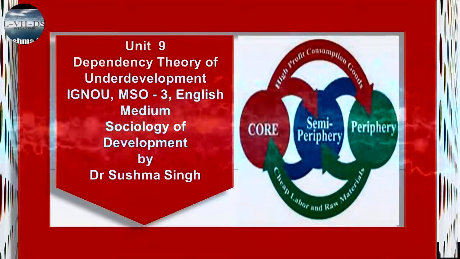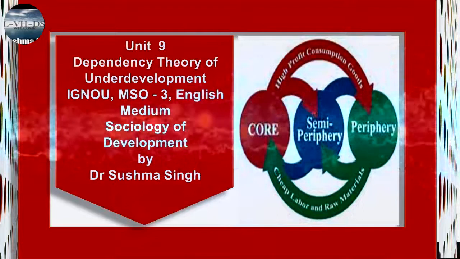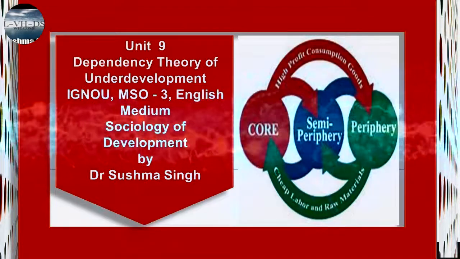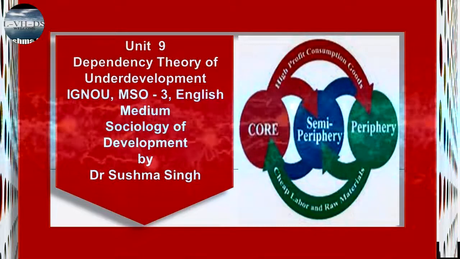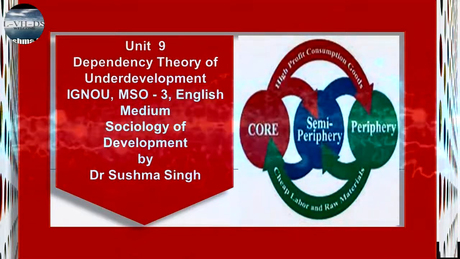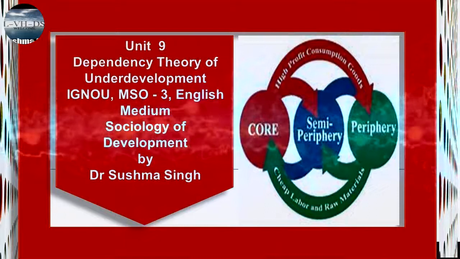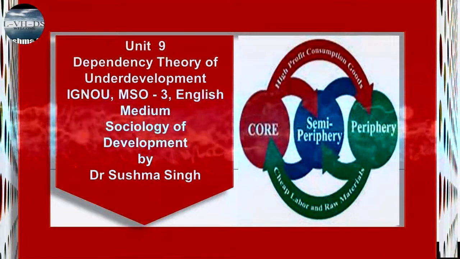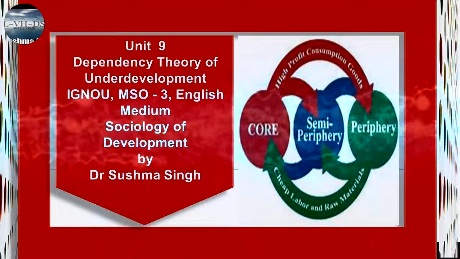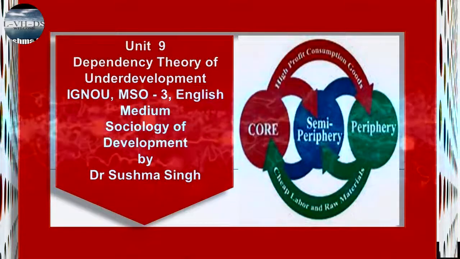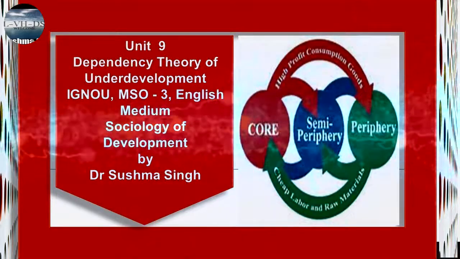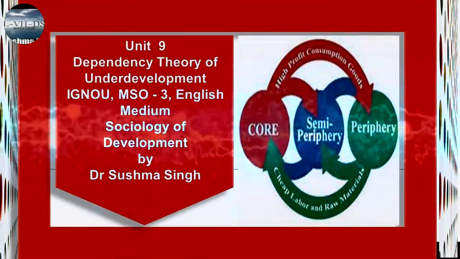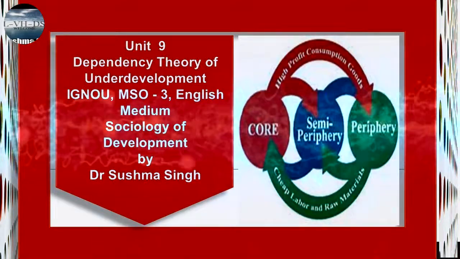Some of the main propositions of dependency theory can be put as: all dependency theories are critical of the neoliberal theories of development, who assert that the underdeveloped nations have a lot of catching up to do and they will reach the takeoff stage once they adopt sound economic practices and policies.